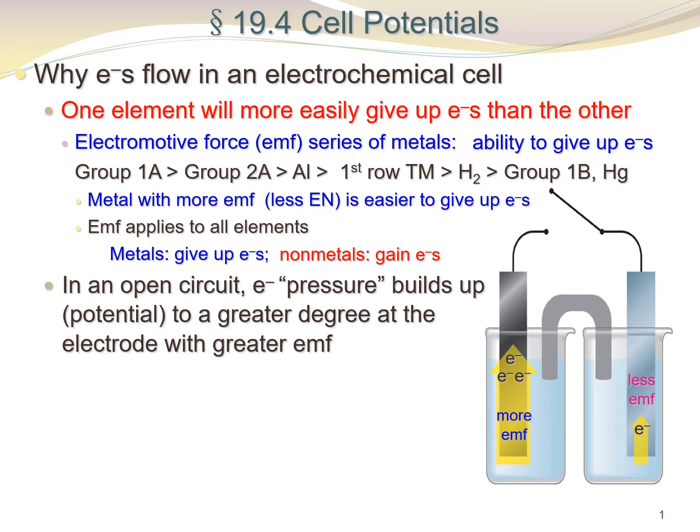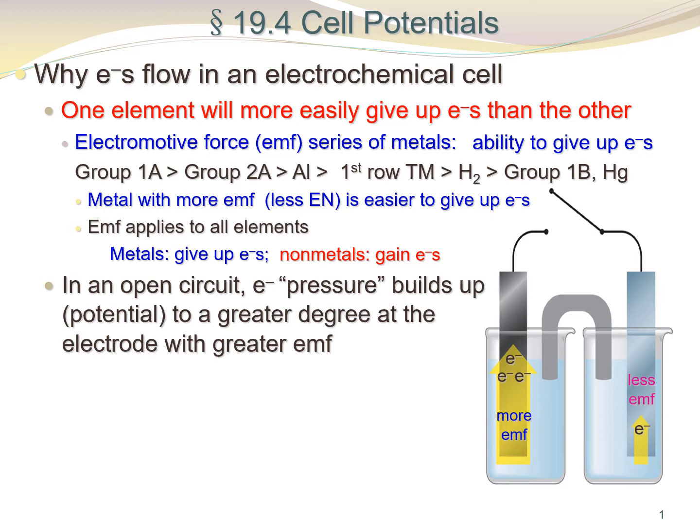The one with a greater EMF will have a much greater push on the electrons. But of course, there's a block, and the block is the switch. But the electrons will feel more push than the electrons in the other piece of metal with less EMF.